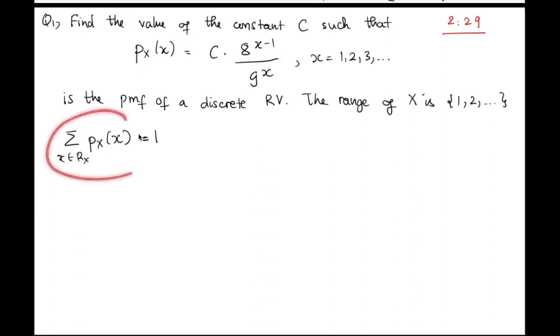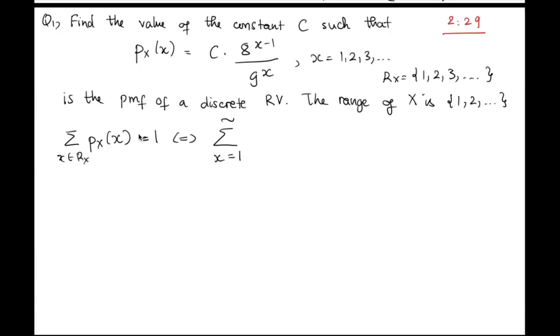So if we use this information here, you see that the range of x is 1, 2, 3, up to infinity. So we will have to start from x equal to 1 up to infinity.